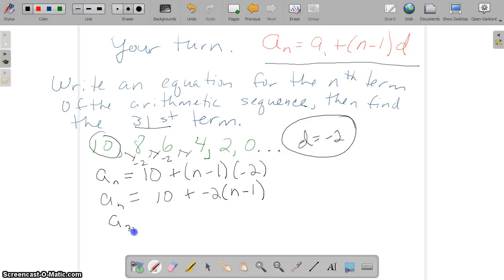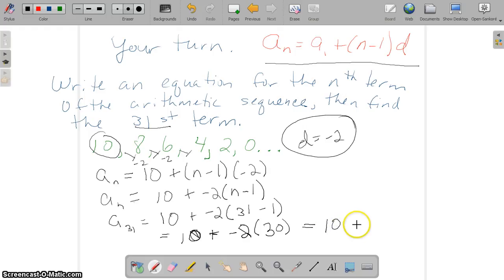A sub 31 equals 10 plus -2 times 31 minus 1, okay, equals 10 plus -2 times 30, okay, equals 10 plus a -60, which happens to be -50.